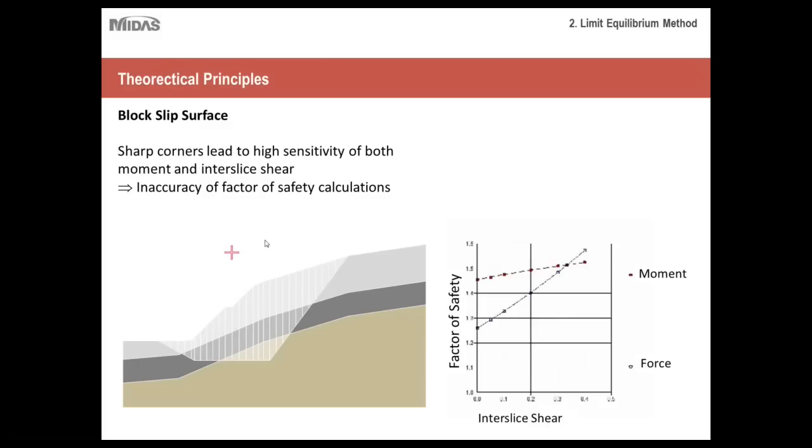But an important thing to remember is that block slip surfaces need to be used with caution, because they're not typically the shapes that occur when slope failure happens. So if you ever do use a block slip surface, you need to make sure that it's a reasonable assumption that your slope would fail in such a manner. And once again, that really depends first and foremost on the material, as well as the way your forces are oriented on the slope itself.